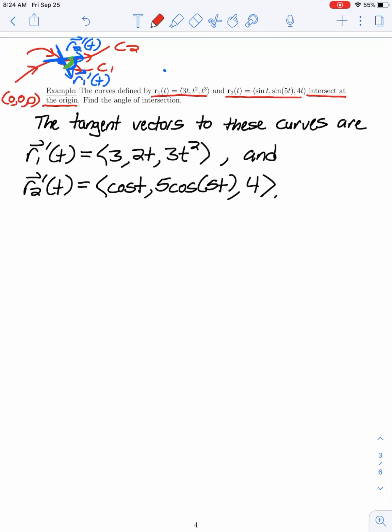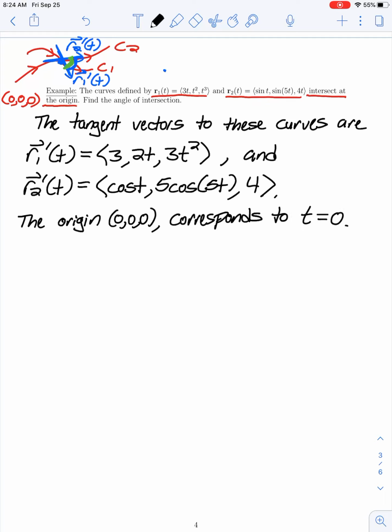And we see that t would have to equal 0 in order for all three components to be 0. So let me say here the origin, which is the point 0, 0, 0, corresponds to a value of t equals 0.